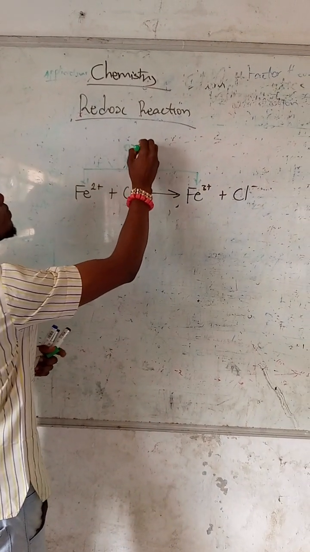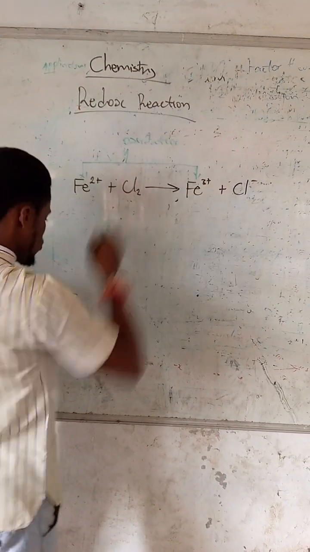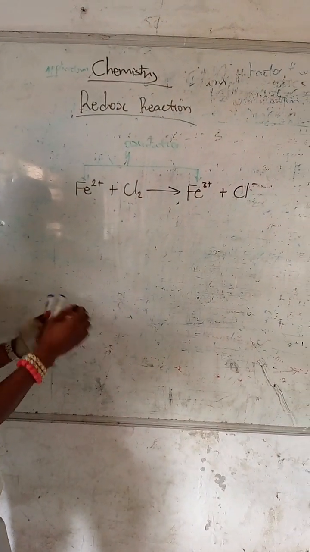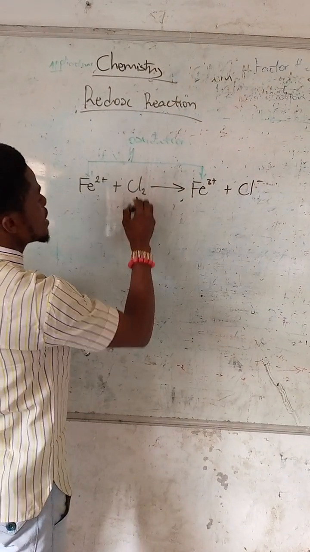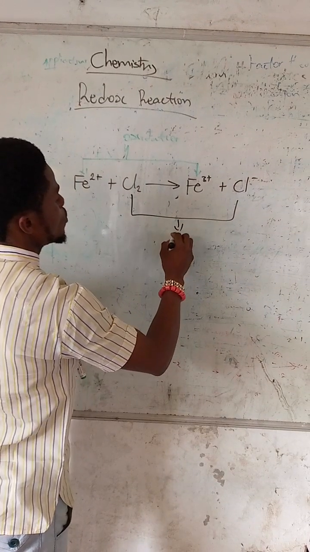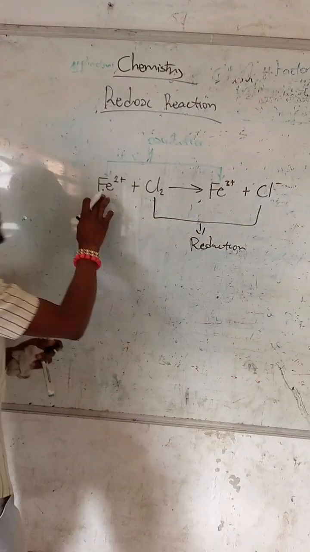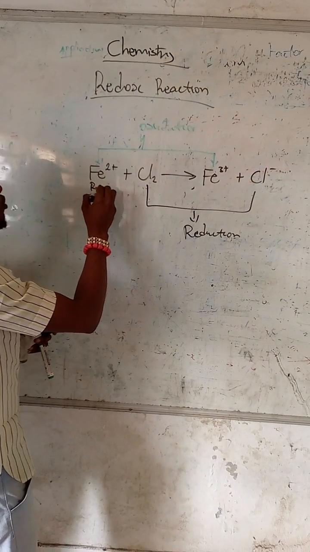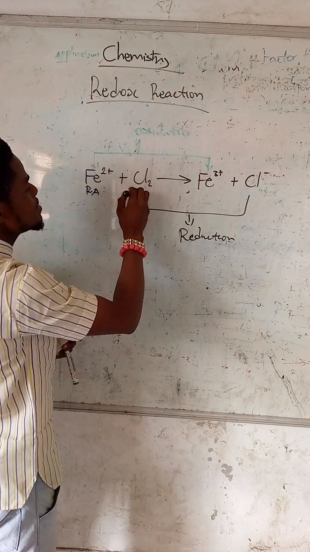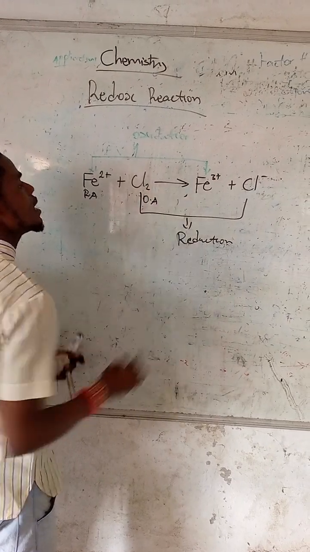While if you look at chlorine, from this point to this point, reduction has taken place. This is a reducing agent because it donates electrons. This is an oxidizing agent because it accepts the electrons.